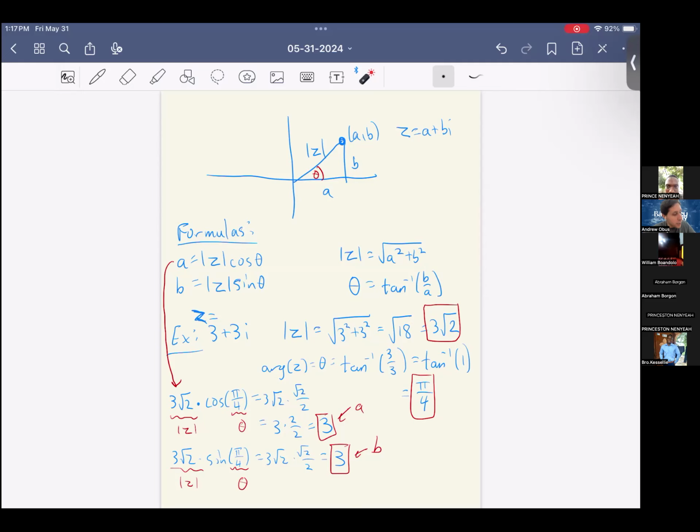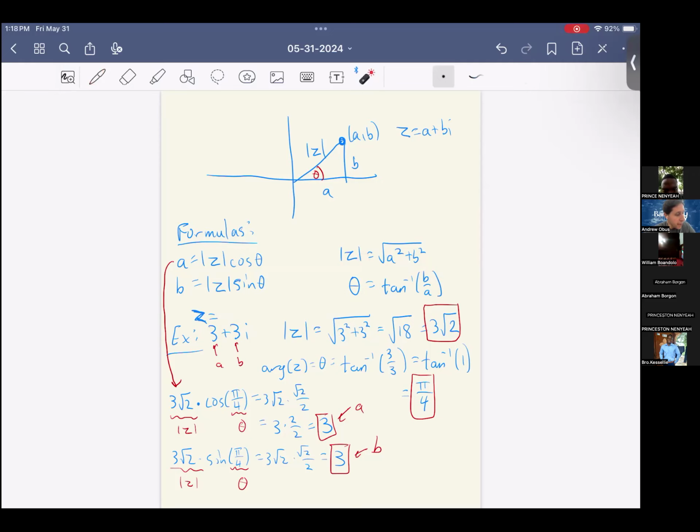Well, the formula for theta is tangent inverse of b over a, right? So our number is 3 plus 3i. The real part is the a, and the imaginary part is the b. So it's just 3 over 3, from this formula: theta equals inverse tangent of b over a.